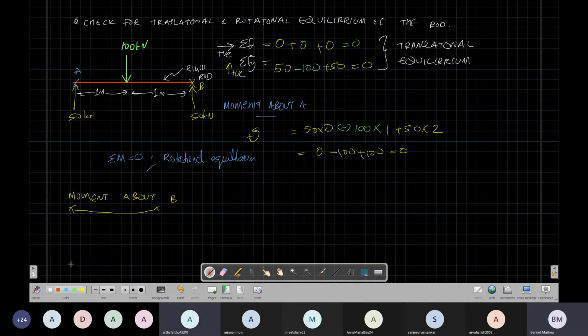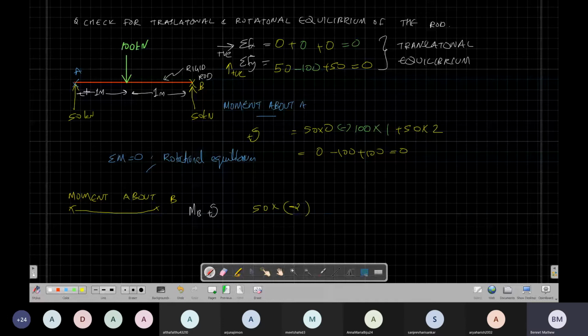Let's see. Moment about B we are finding. We'll again assume anti-clockwise as positive. Now, this 50 is trying to rotate in the clockwise direction, so I can write 50 times minus 2.